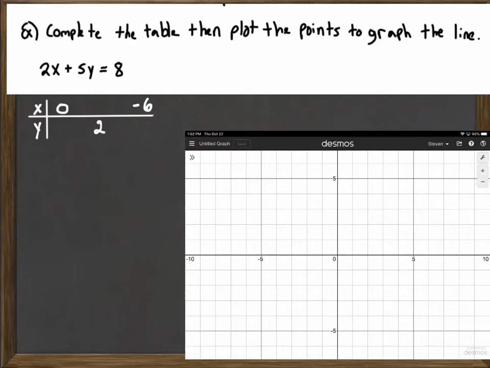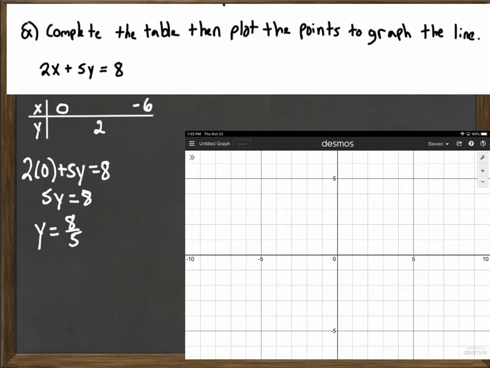So just like we did in the previous section, we want to plug 0 in for x. That gives me 2 times 0 plus 5y equals 8. So the x term completely disappears, and we just have 5y equals 8, which we can easily solve by dividing both sides by 5.